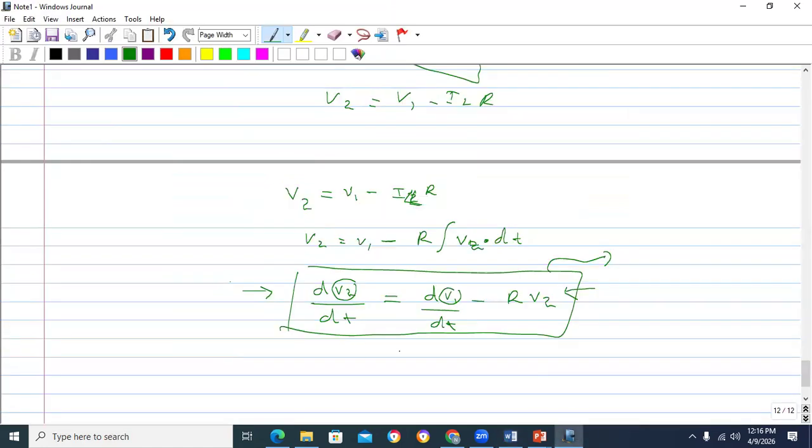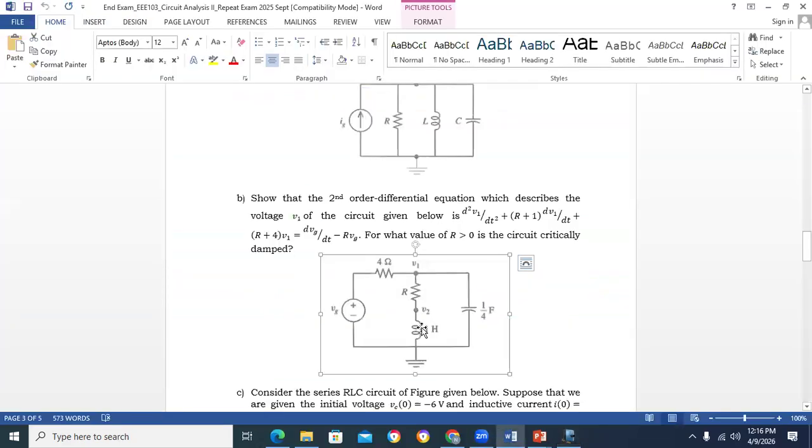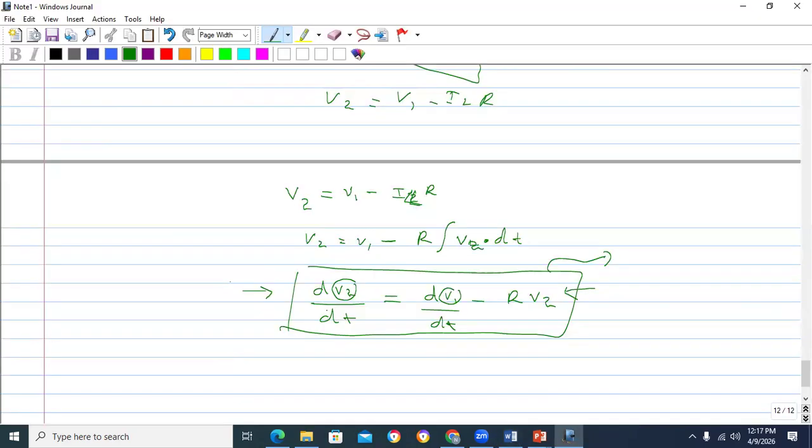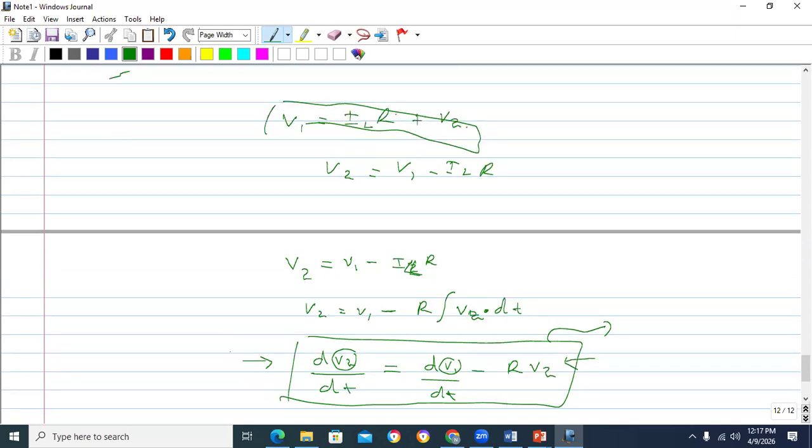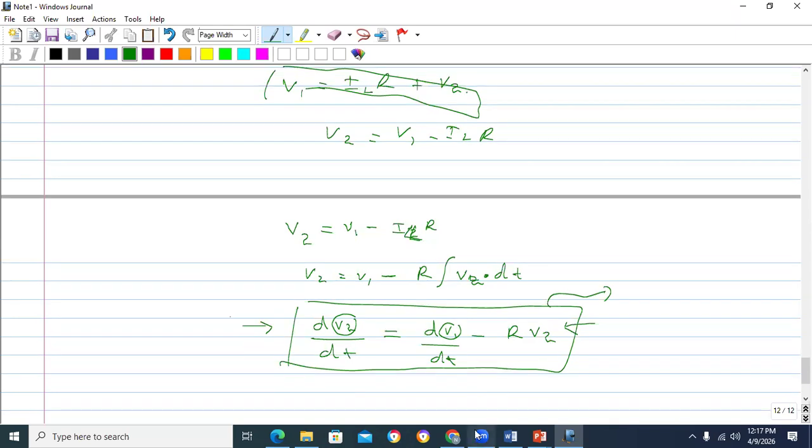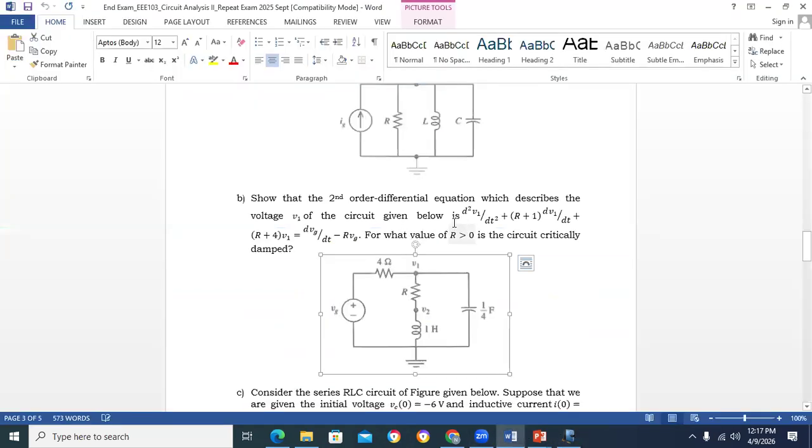You can get another differential equation if you apply Kirchhoff's law in this loop, with V1 and V2. Again, you have two variables. So there will be two differential equations with two variables. Maybe using that, you can find V2 with V1. I don't know.